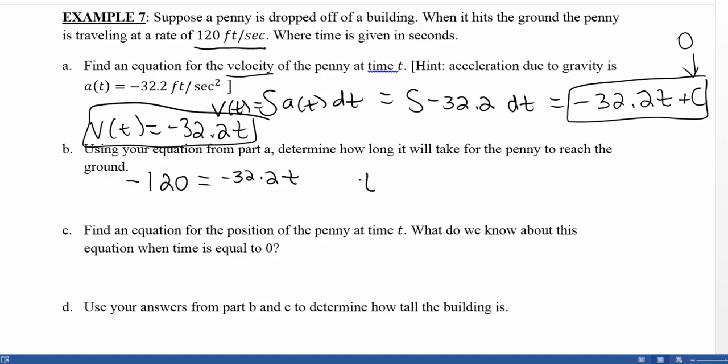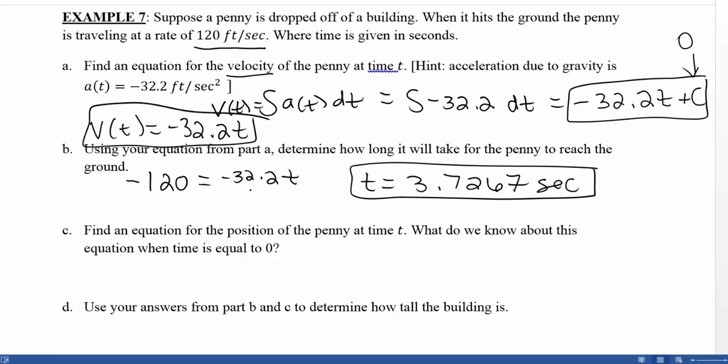So when I solve for t, I divide both sides by 32.2, and I get approximately, because I'm rounding, 3.7267 seconds. So I'm traveling at this rate, headed downward, and when I reach 120, I've hit the ground. Therefore, the time it takes to hit the ground from when I've been dropped is 3.7267 seconds.